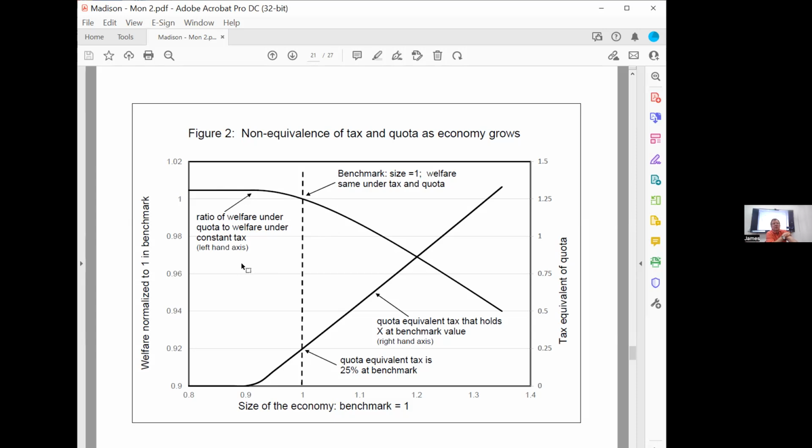So the benchmark equilibrium is not optimal. So what happens when you make the size of the economy smaller is that the tax that enforces the quota goes down. And since it's a distortionary tax to start with, welfare rises above the benchmark because it wasn't optimal to start with.